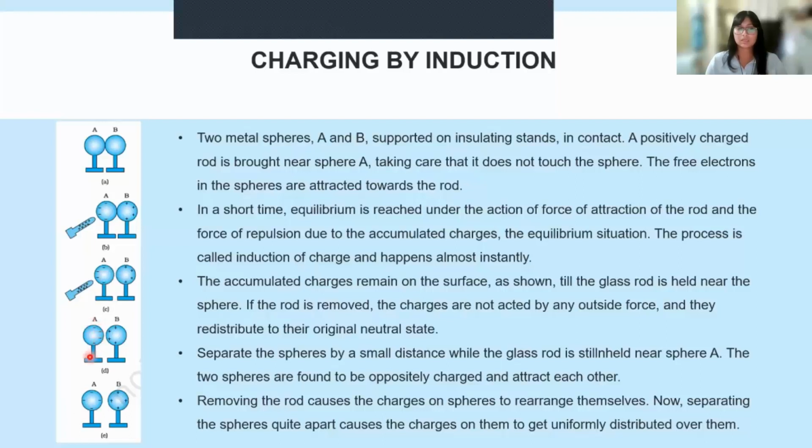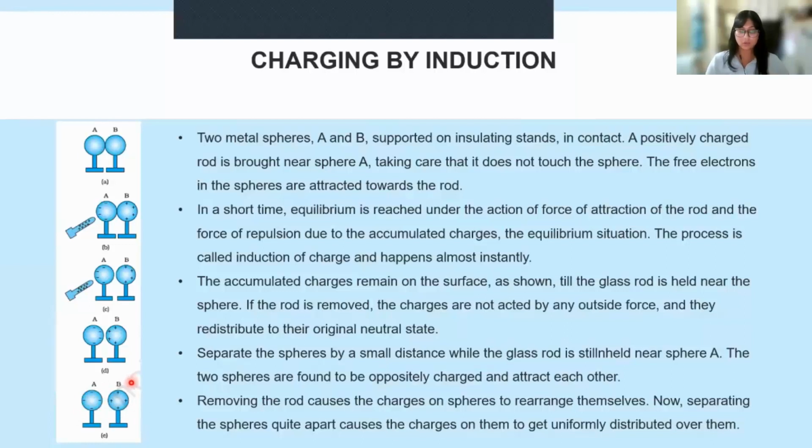Now these have become negative, these have become positive, and they are attracting each other. Now if we separate the spheres quite apart, the charges will get evenly distributed over them, and now these two are charged. This is negatively charged and this is positively charged.